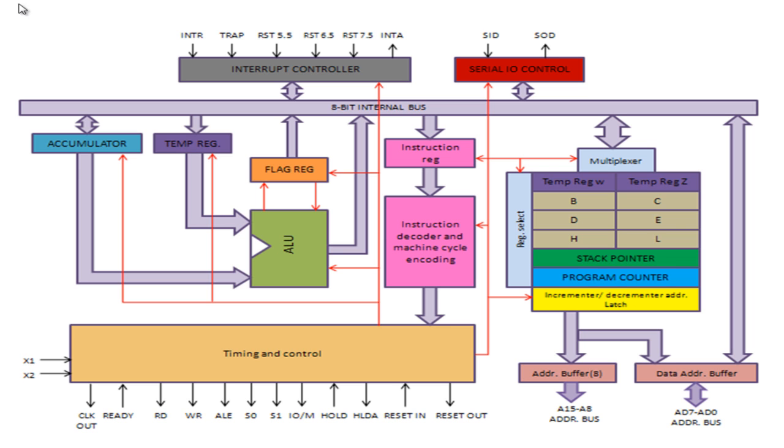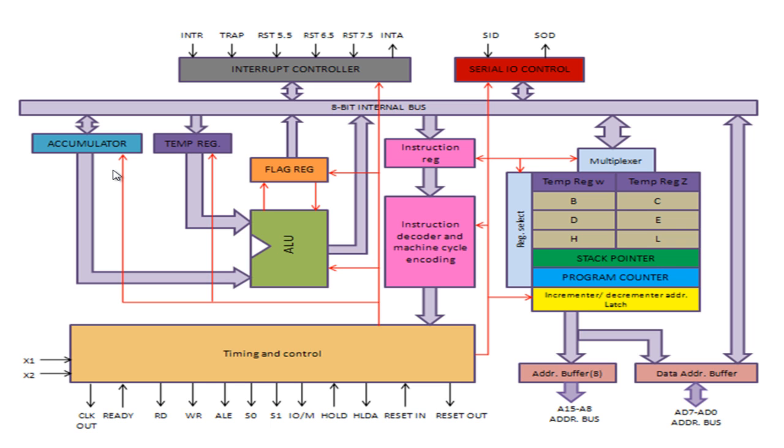So let's proceed with the next block. This one is the accumulator. What is the meaning of accumulator? Accumulator means collecting something at one place. So the accumulator is used to store the final result of some functions or operations, and then it will finally be transferred to some memory location.